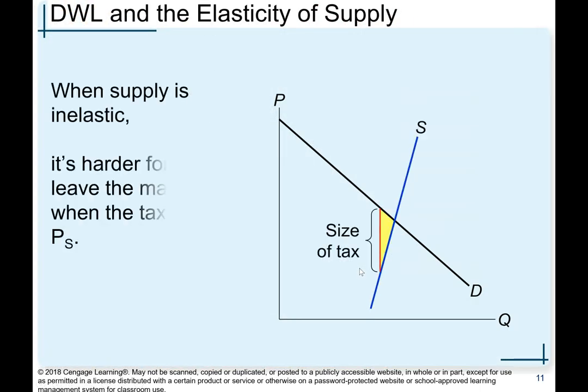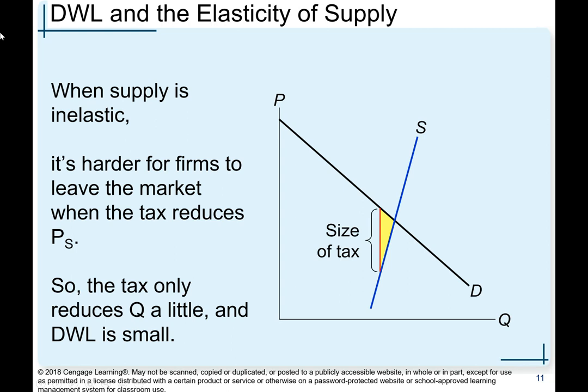So here's a graphical example. This is a situation where supply is inelastic. You can see supply is fairly steep. That means inelastic. It is harder for farms to leave the market when the tax is imposed. Suppliers don't have much of a choice. They will stick to the market when the tax is imposed.